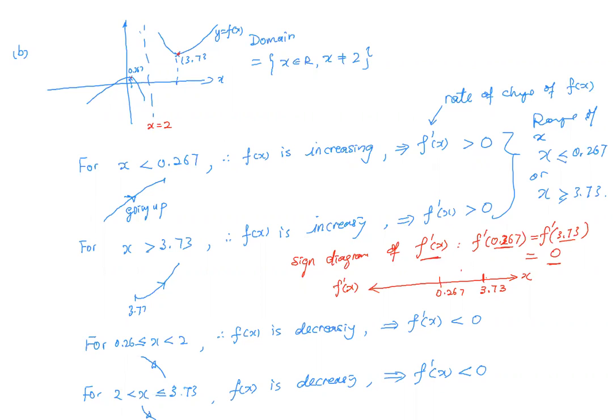I put a dotted line. That is the 2 here. So look, for x less than 0.267, f prime x is greater than 0. So here is a plus. Between here, negative. Here, negative. Then here, positive. So this is the sign diagram.